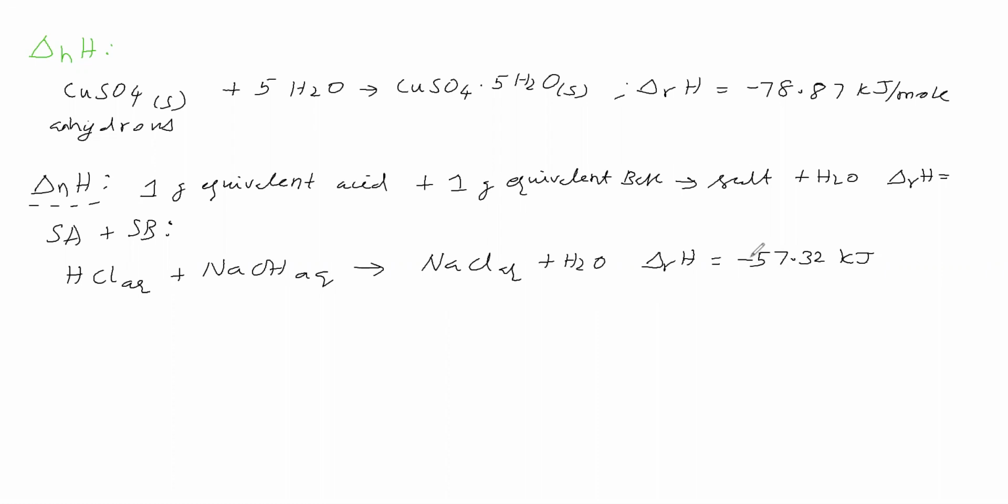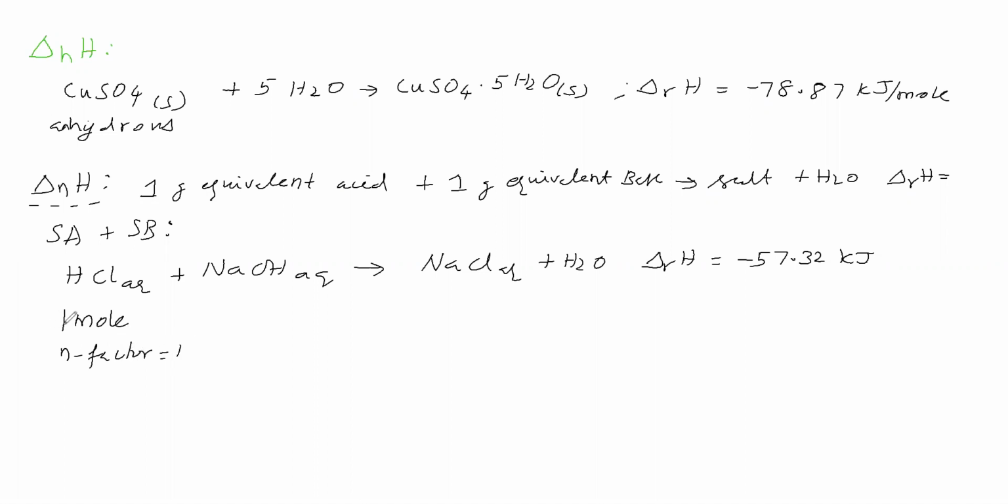Now, this HCl aqueous, how much have we taken? 1 mole, as per the stoichiometry of the equation. 1 HCl gives 1 H plus, therefore the n factor of HCl is 1.